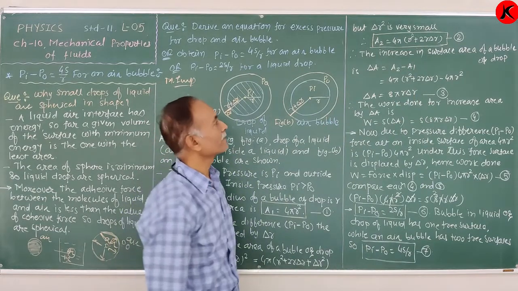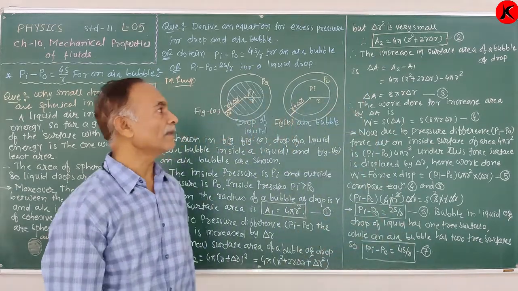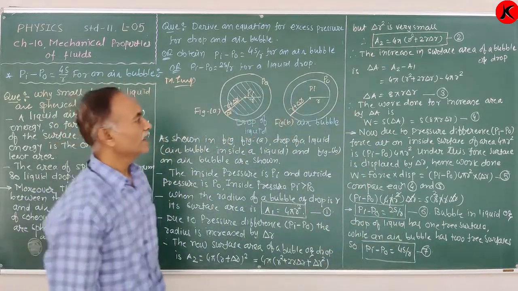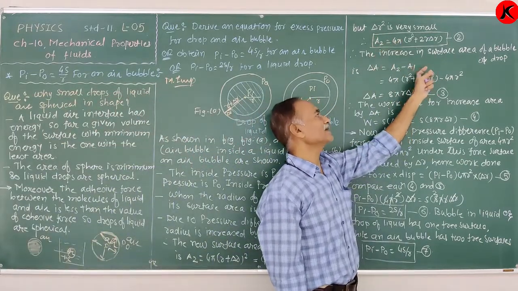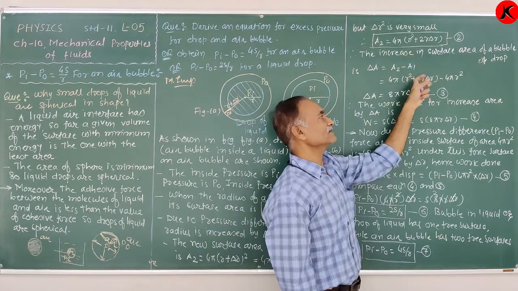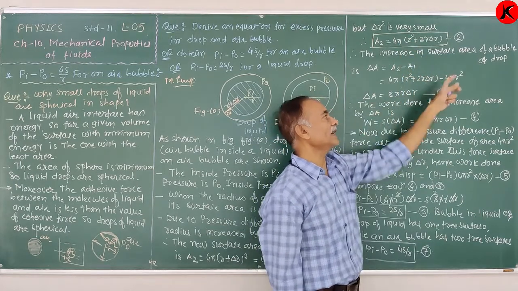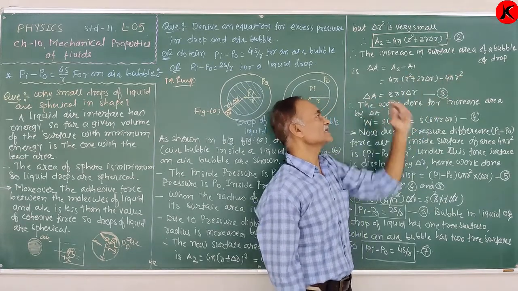Therefore, the increase in surface area of the bubble or the drop, delta A, is equal to final area minus initial: 4 pi into bracket R square plus 2R delta R minus 4 pi R square. 4 pi R square is cancelled.